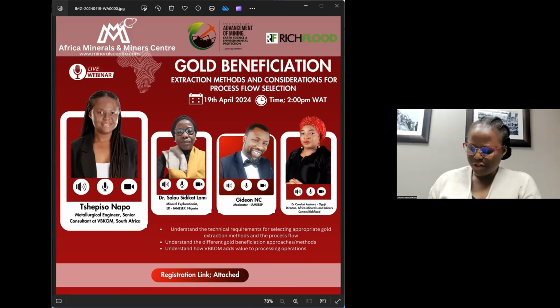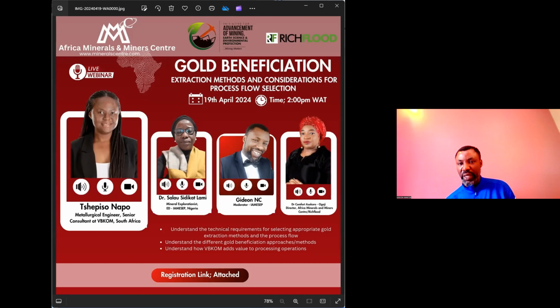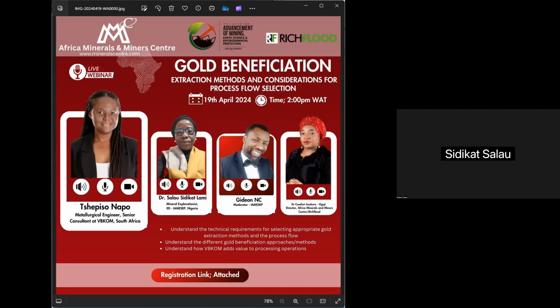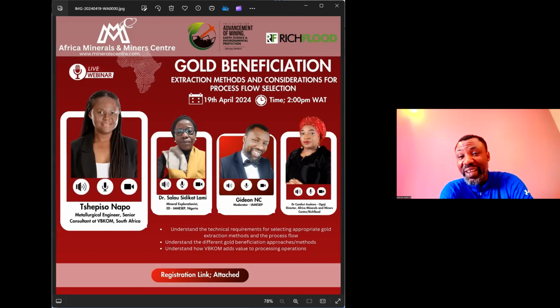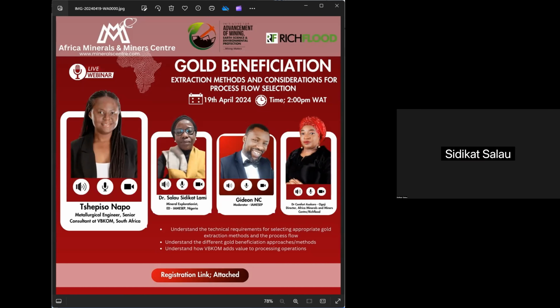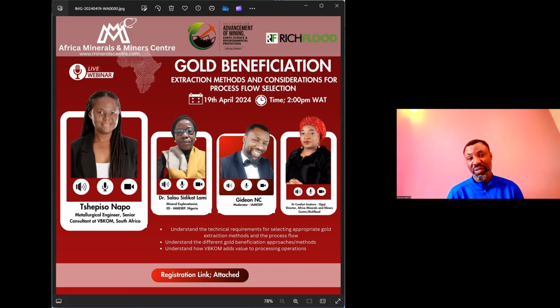Can you provide insights into the integration of digitalization and automation technology in gold beneficiation? If I should put it in a straightforward way, I think it is asking what is the way forward in terms of artificial intelligence in beneficiating gold. What is the role of AI in gold beneficiation? That is what she's asking here.